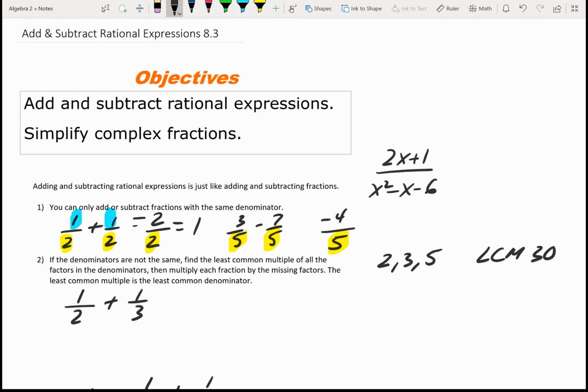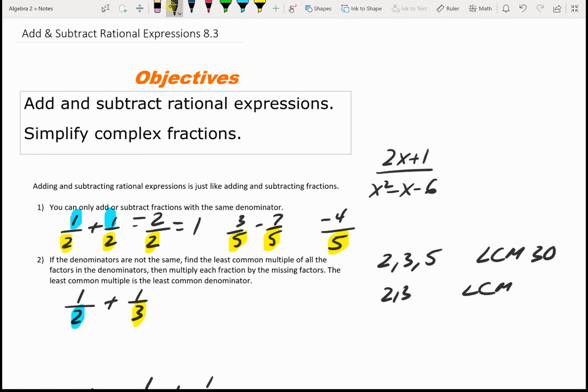So if the denominators are not the same, you have to find the least common multiple of all the factors in the denominator. Then you multiply each fraction by the missing factors. So here I have 1/2, and I'm going to add 1/3. The denominators are not the same, so the least common multiple of 2 and 3 is 2 times 3, which is 6.